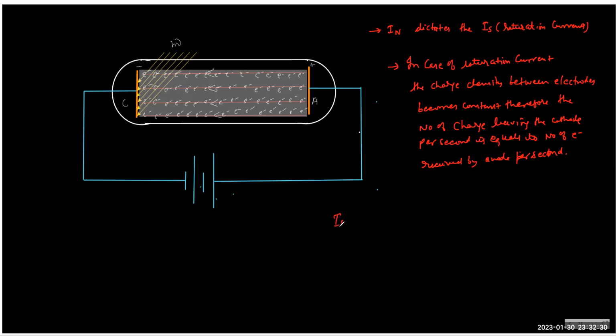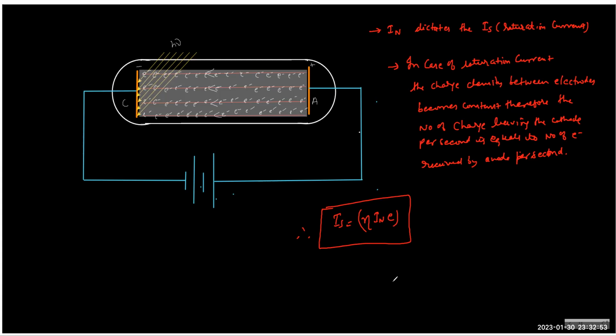So the saturation current we can always write as eta I_n e, right? Yes, sir. Eta is for efficiency, I_n is for the number of photons hitting per second, and e is the charge on each electron, right?